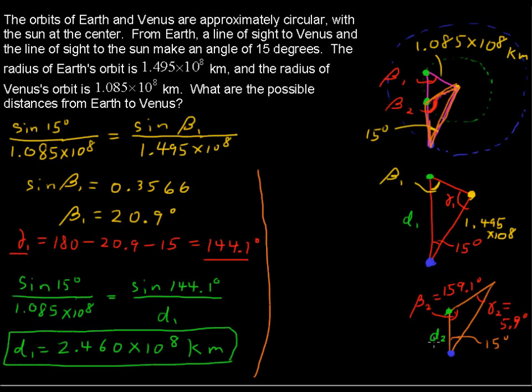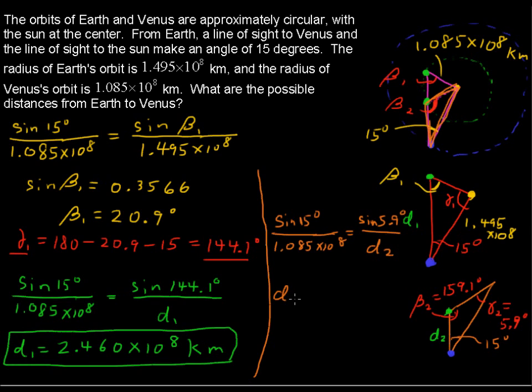And this d sub 2 is opposite of this gamma angle, opposite of 5.9 degrees. So again, I'm going to say that sine of 15 degrees divided by that opposite distance, which is 1.085 times 10 to the 8th, will equal sine of 5.9 degrees divided by d sub 2.